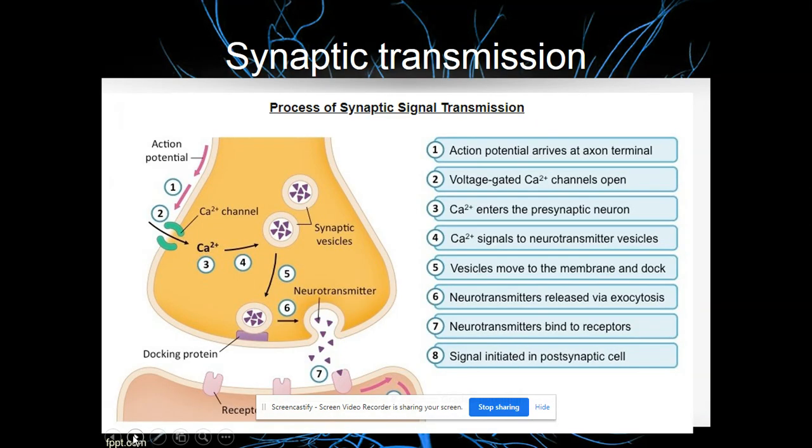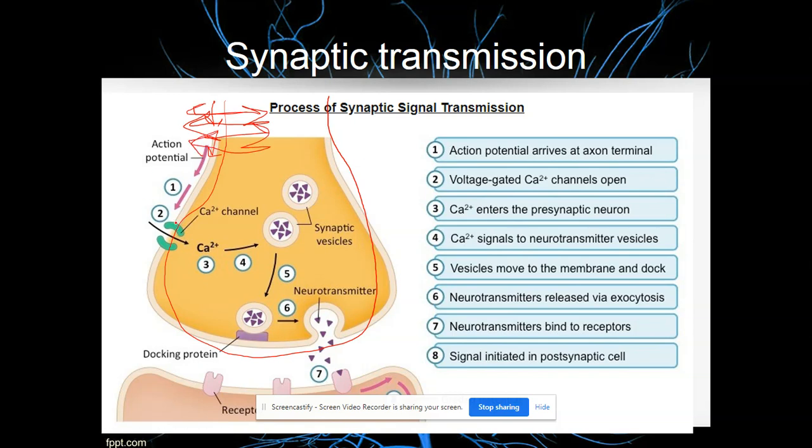So what happens at this axon terminal? Here are all the steps that you need to memorize. So we have our action potential, that impulse that's been traveling along the axon. We finally get to the axon terminal, to the very end of the axon, and we've got sodium coming in, and we've got potassium going out, and sodium coming in, and potassium going out.